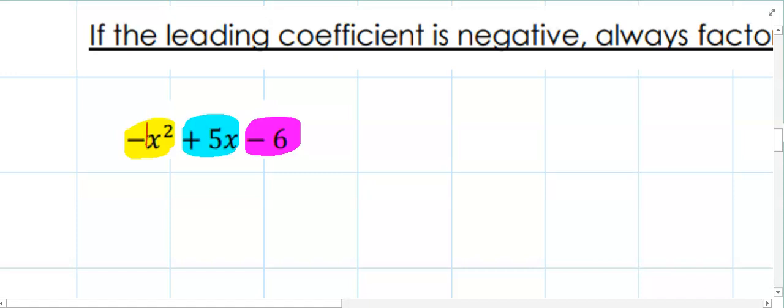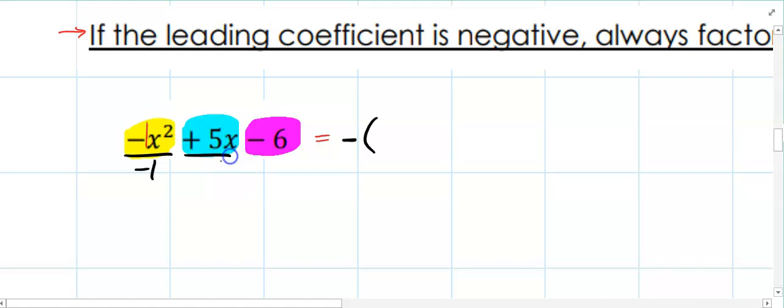Negative 1, 5, negative 6, they don't have a number in common that we can divide them by. They also don't all have an x. So there's nothing we can factor out, but paying attention to what this says, if the leading coefficient is negative, which it is in this case, we want to factor out a negative. We want to pull out a negative.